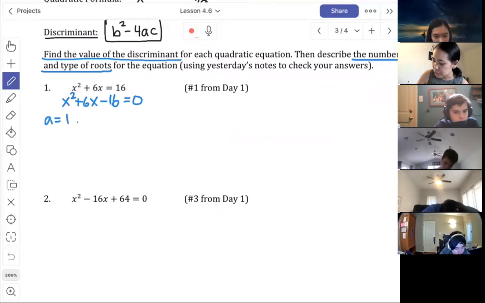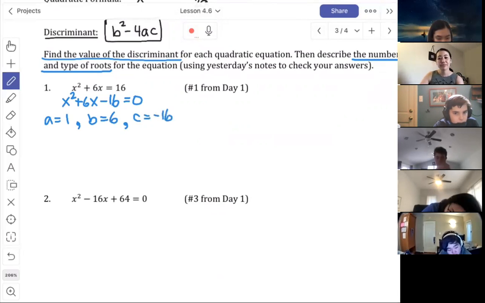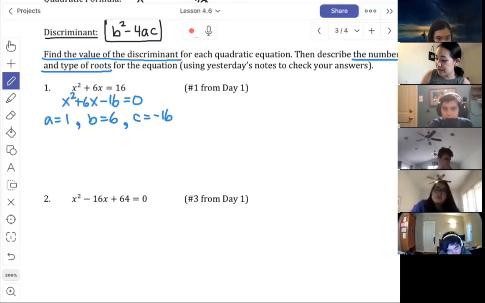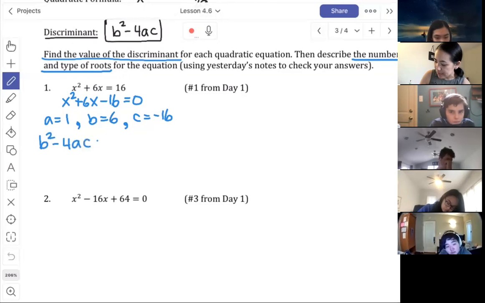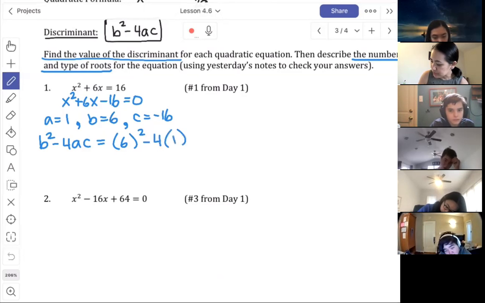Now I see that a is 1, b is 6, and c is negative 16. To find the value of the discriminant, I have b squared minus 4ac, giving me 6 squared minus 4 times 1 times negative 16.